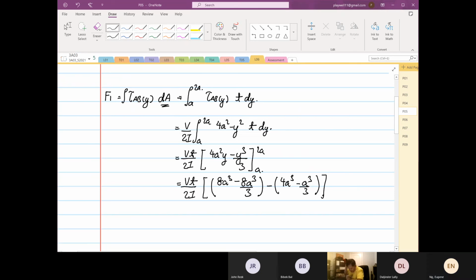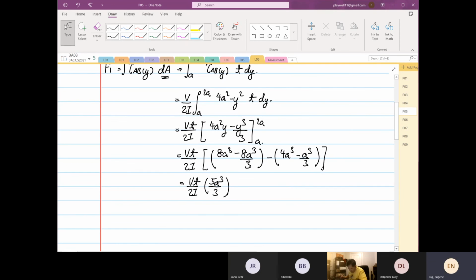Okay. So when you do this, you get 8 minus 8 over 3 minus 4 plus 1 over 3. So it's equal to 5 over 3. Okay, so VT over 2I, right? So this is equal to 5A cubed over 3. So you bring all of them together.